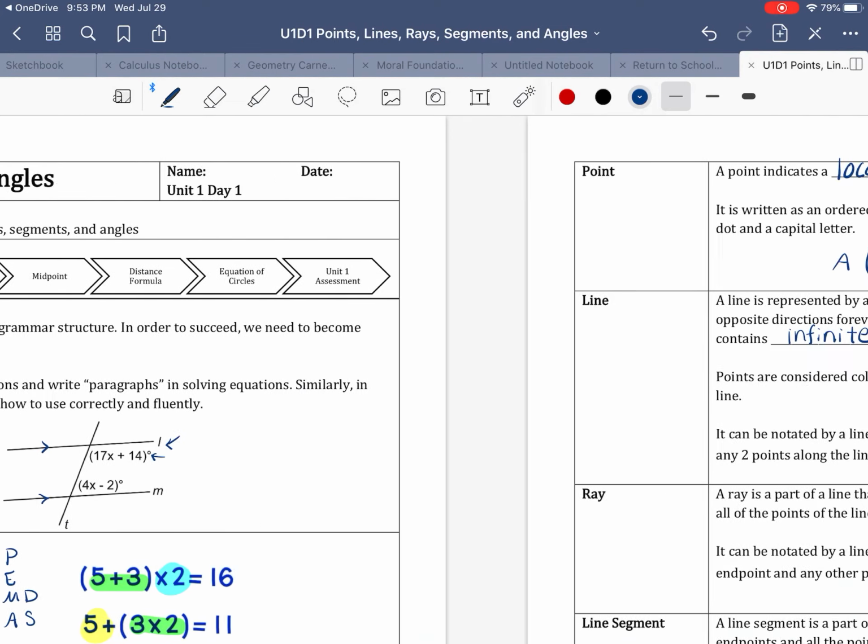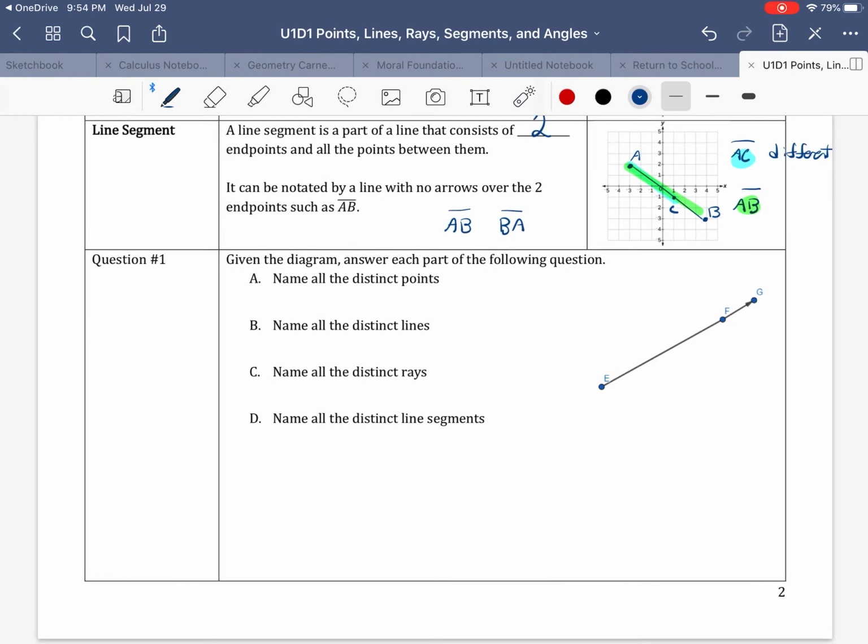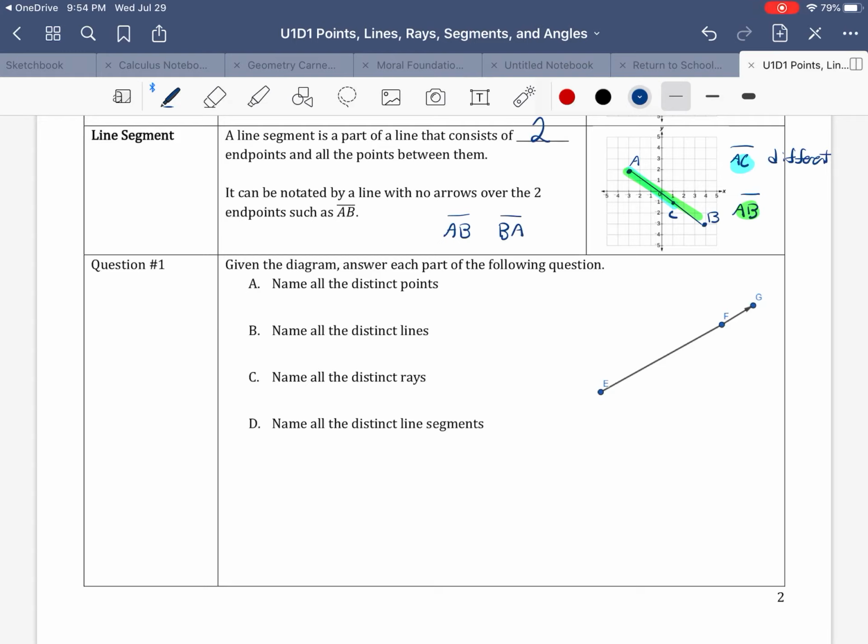Now, what you'll notice is when we talked about a point up here, we said that we use a letter and then an ordered pair. But you'll find in this question, we don't have a coordinate grid, so it's not going to be possible to give them an ordered pair. That's okay. We're just going to be looking at each of these letters. So we have points E, F, and G. And we can just list them like that.